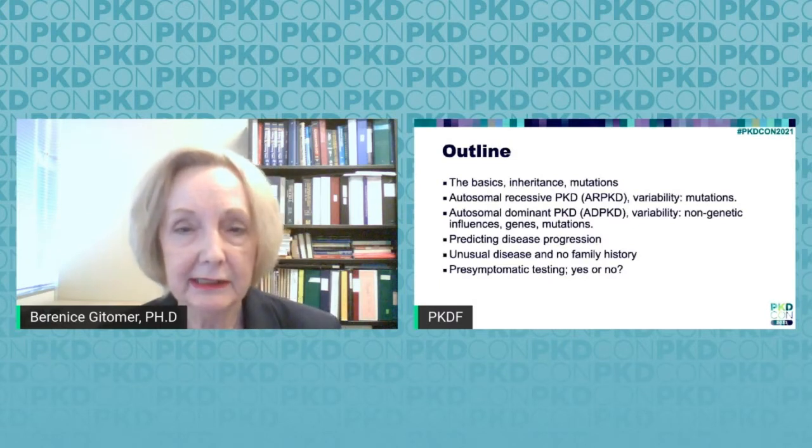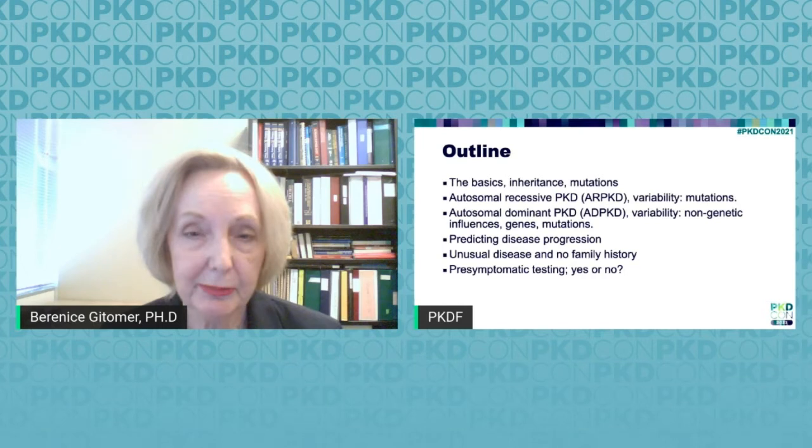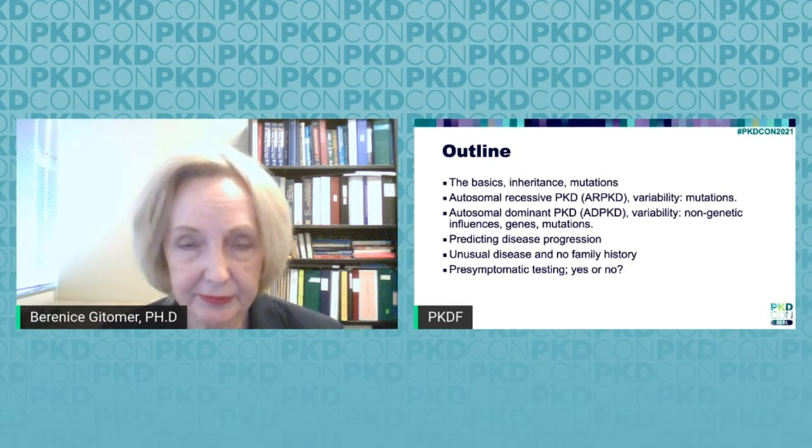So in outline, I will talk a little bit about the basics, some terms that we use in genetics. I'll talk about variability in ARPKD, variability in ADPKD, and some prediction programs that predict progression of disease.